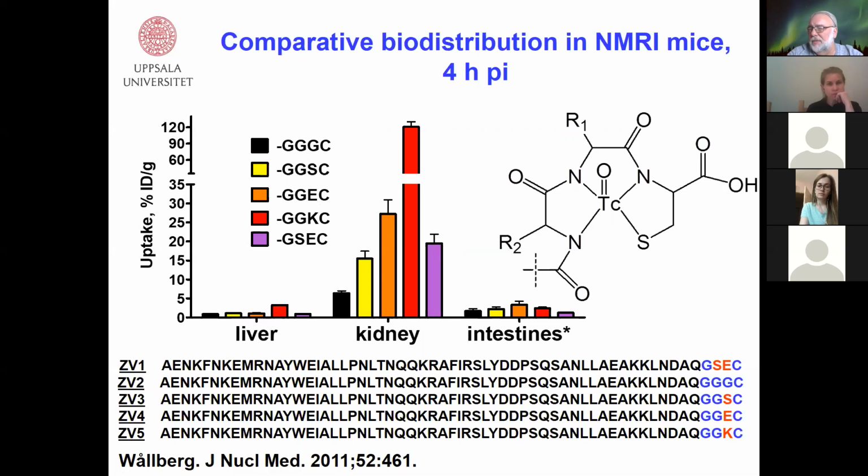We had approximately the same level of kidney activity and low intestine and low liver. Positively charged lysine-containing chelator was the worst. Highest kidney retention, highest liver uptake, highest renal uptake.